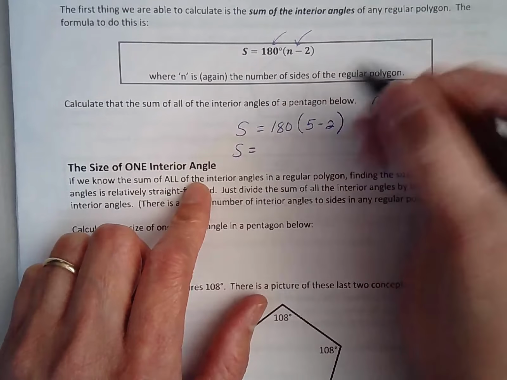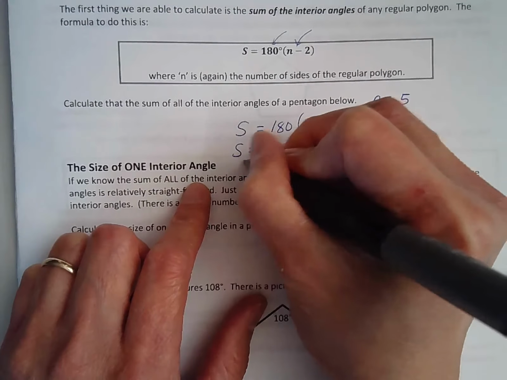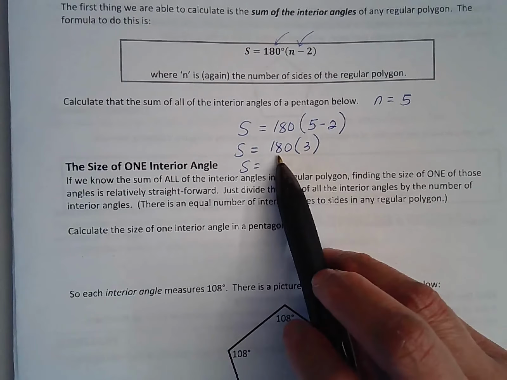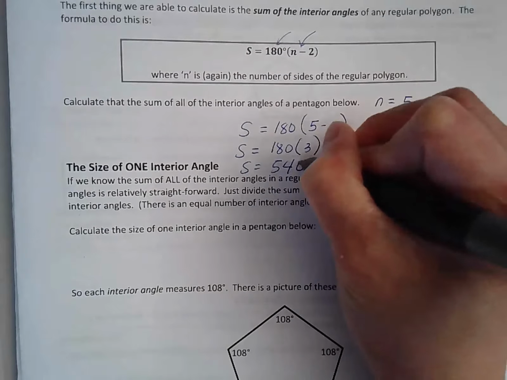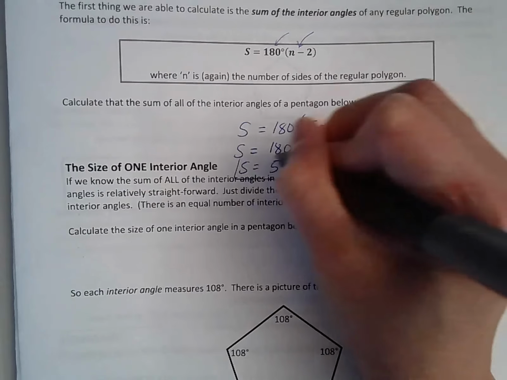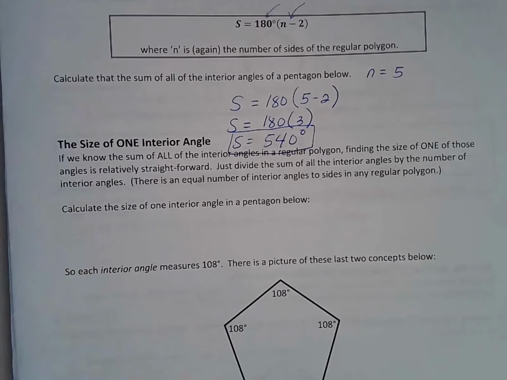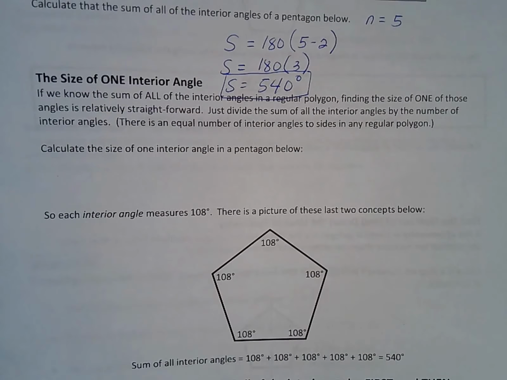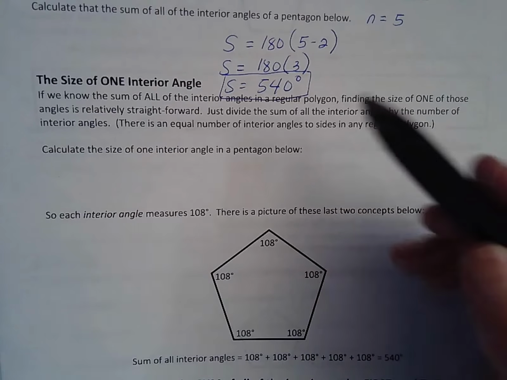So S is equal to 180 times 3, which is 540 degrees. Again, that formula is going to be given to you. That's for all of them.